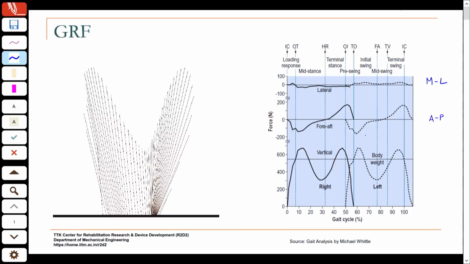Okay. So, usually we only look at the vertical component of the GRF, but the anterior posterior component shows you the effect of friction. You can see here that in this case the friction is along the negative x direction initially, and then at push off it is along the positive x direction, if this is your direction of progression.